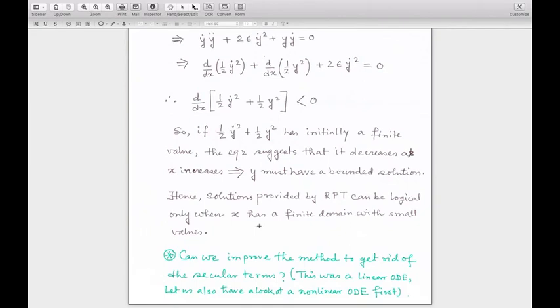Then we will see how to modify the regular perturbation method to get rid of secular terms, and thereby discuss a much more sophisticated method called the Poincare-Lindstedt method.